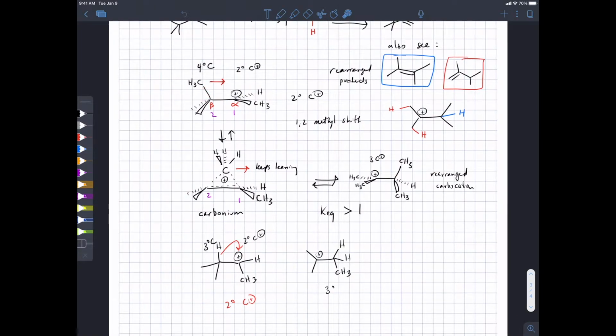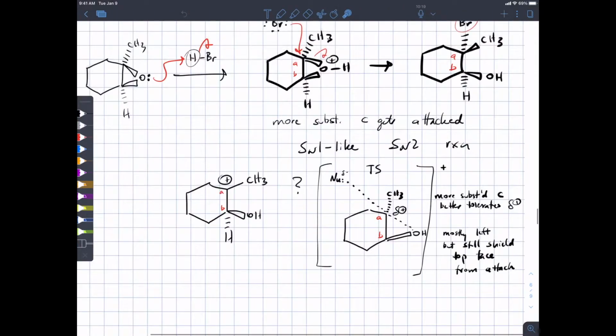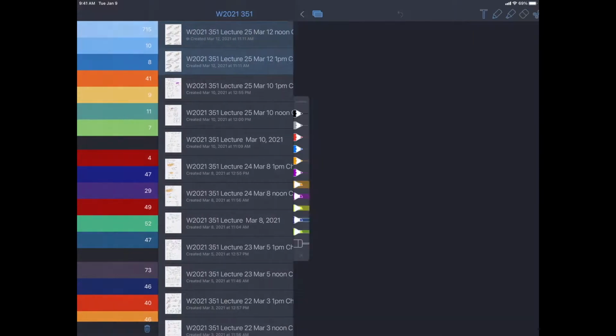So it involves the same thing, only it's bigger than a hydrogen. You get an intermediate where 2 electrons are shared among 3 atoms, and then it leans over completely to make the new bond.